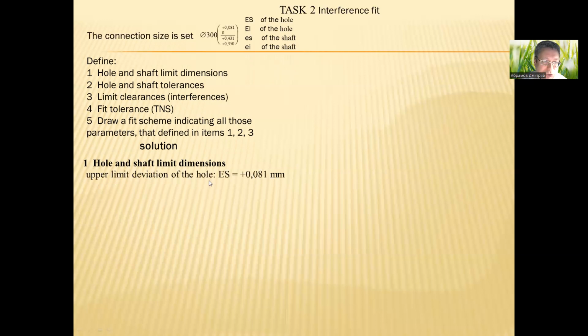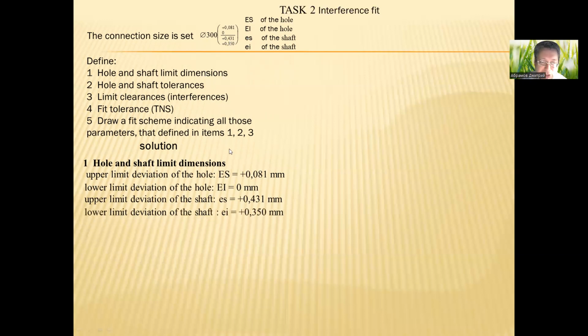Upper limit deviation of the hole we have in this task. It's equal plus 0.081. Lower limit deviation of the hole is equal 0. Upper limit deviation of the shaft, small es, is equal plus 0.431.